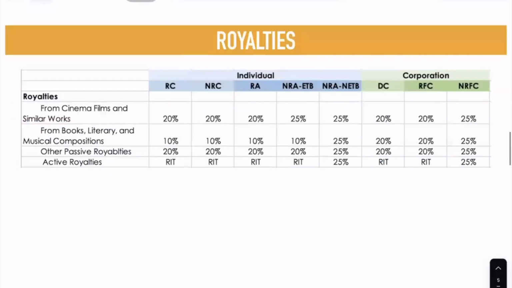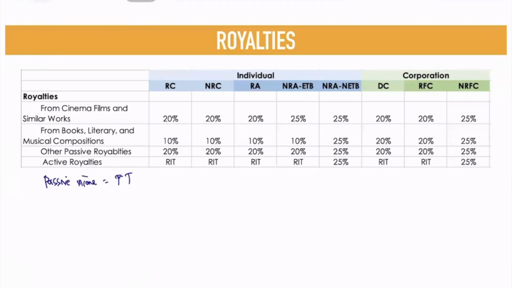Next item of final tax, we have your royalties. For royalties, you need to determine whether it comes from passive royalties or active royalties. Kasi nga, sabi natin, only passive income is subject to final tax.